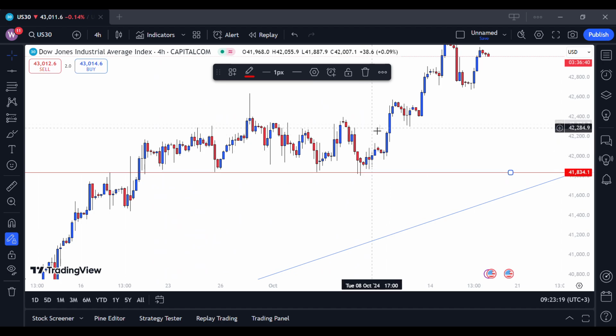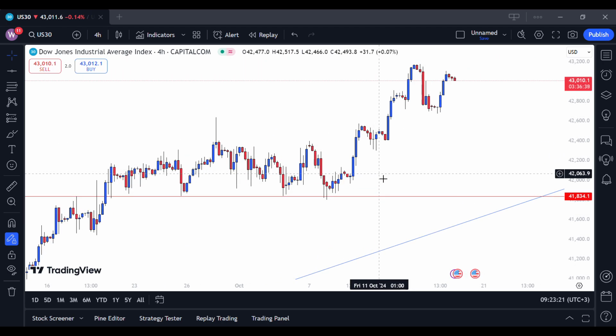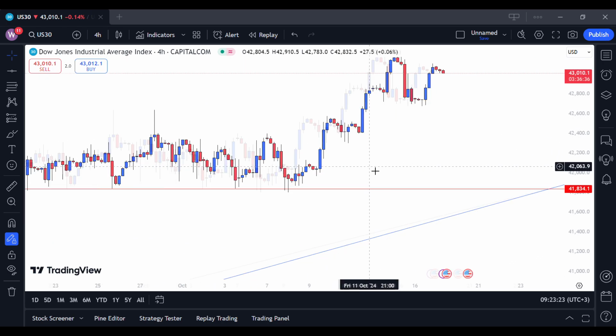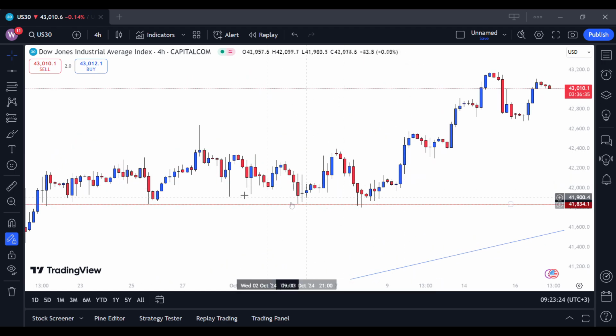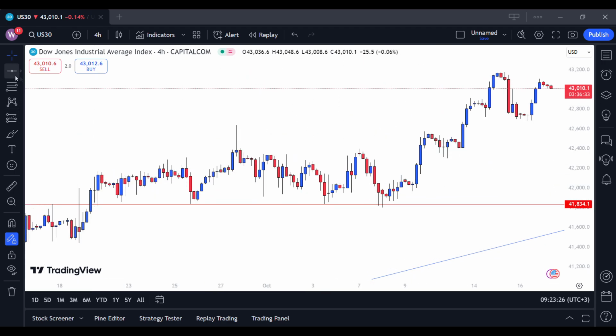Let's look at this place, around here. Look at how many times it revisits this area. You see how many touches? Once, twice, 3 times, 4 times before the market took off. That is US30 and US100 for you.